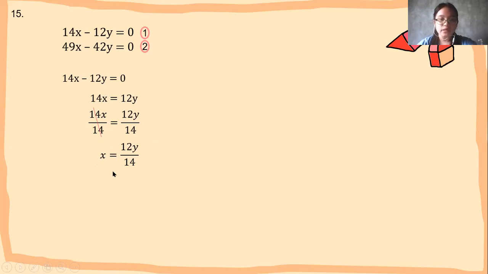Then the next step is to substitute the x into equation number 2, so we can solve for y. 49x minus 42y is equal to 0. So instead of x, let's multiply 49 by 12y over 14. Then copy the remaining terms: negative 42y is equal to 0.